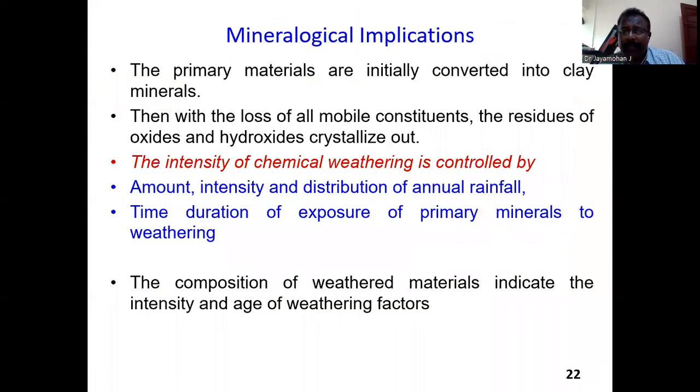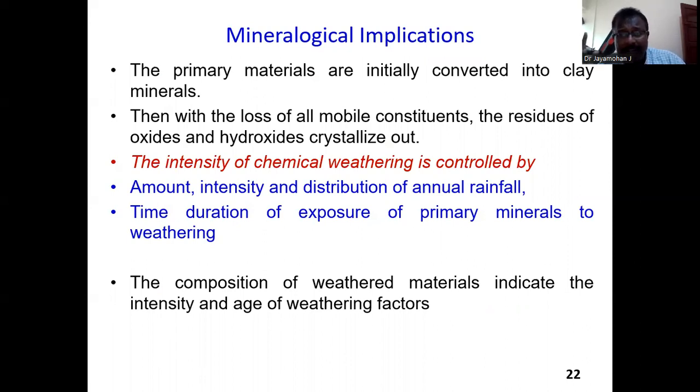Now, coming to the mineralogical implications, the primary materials due to chemical weathering are initially converted to clay minerals. The parent rock is chemically weathered and clay minerals get formed. Then, due to leaching, some of the mobile constituents are lost, and the residues of oxides and hydroxides crystallize out.